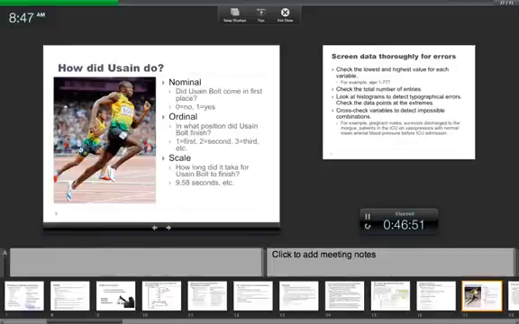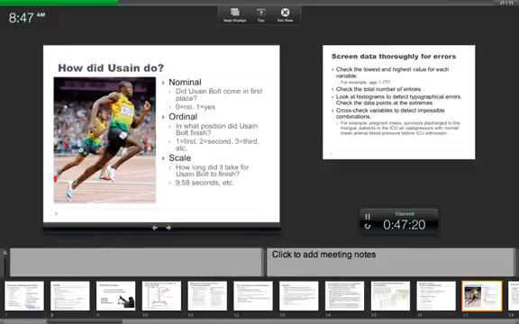If you use a nominal type of data, you can ask, did Usain Bolt come in first? Yes or no. This is a categorical type of data, whether he's first or not first. Or you can use the ordinal type of data, asking in what position did Usain Bolt finish. If he finished first, it's a 1.